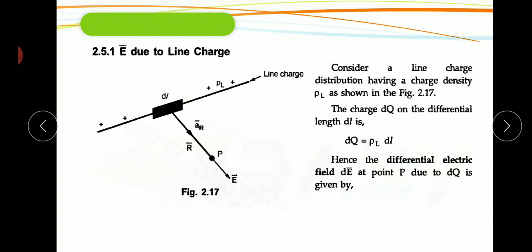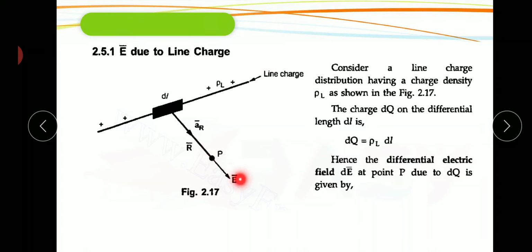here we have to find the electric field intensity at the point P, due to the impact of this charge dq. P is at a distance capital R from the differential length, and AR bar is the unit vector along the line joining the differential length and the point.